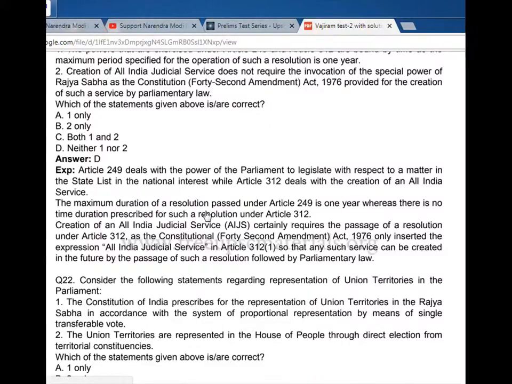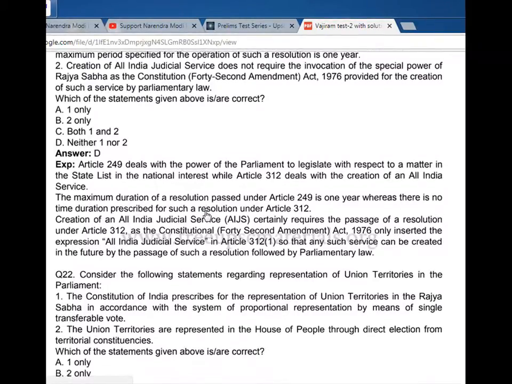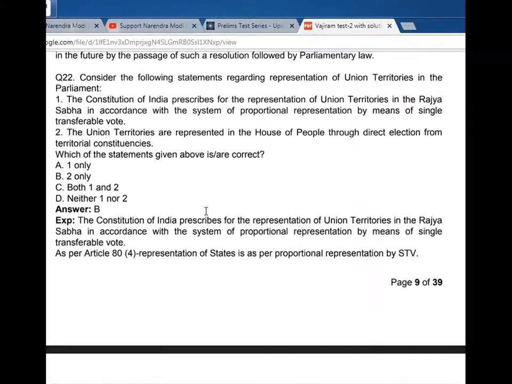The maximum duration of the resolution passed under Article 249 is 1 year, whereas there is no time duration prescribed for such a resolution under Article 312. Creation of the All India Judicial Service certainly requires the passage of a resolution under Article 312, as the 42nd Amendment Act 1976 inserted the expression All India Judicial Service in Article 312, so that any such service can be created in the future by the passage of such a resolution followed by parliamentary law.